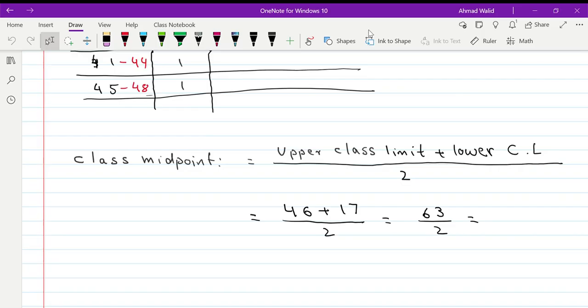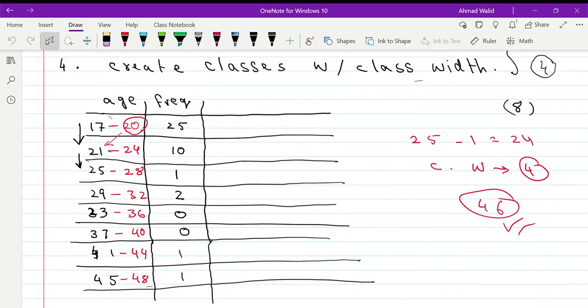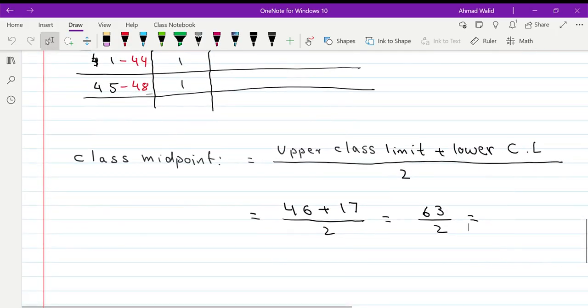Divide by 2. I made a mistake here. Your upper class limit is 20, not 46. Sorry. In the first class, your upper class limit is 20, which gives you 37.